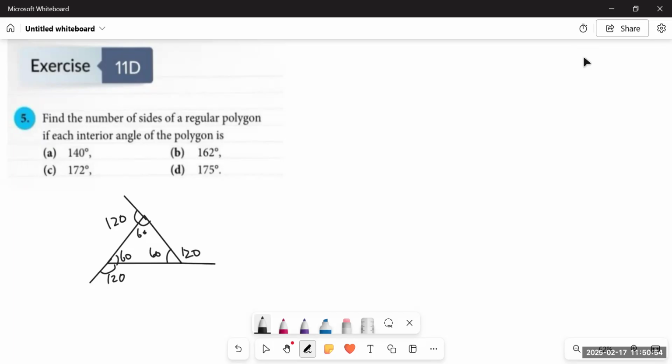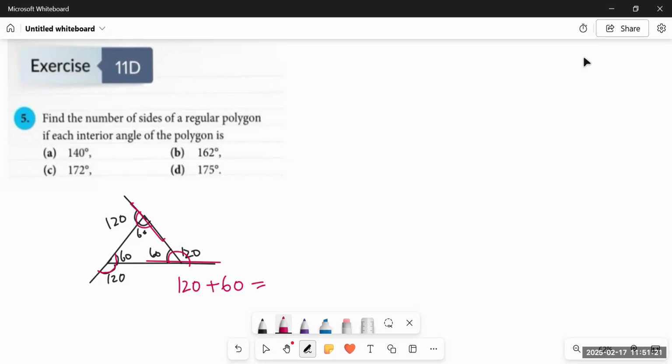How can we easily figure out the number of sides of that particular polygon? In this case, students, we just have to consider that the sum of the interior and exterior angle would always be 180 degrees because they make up a straight line. Remember, right? So if we are provided with interior angles, we are going to do 2 steps.